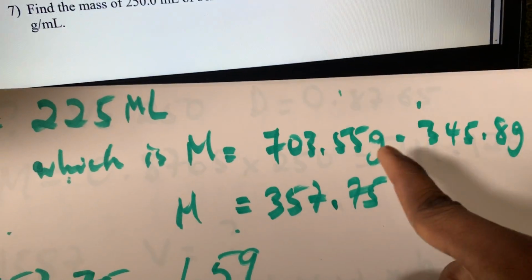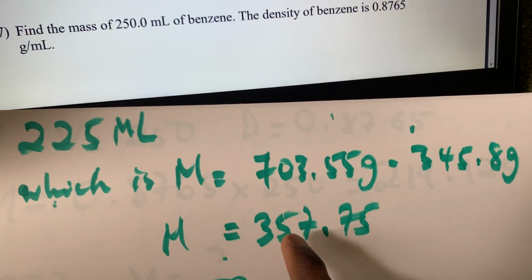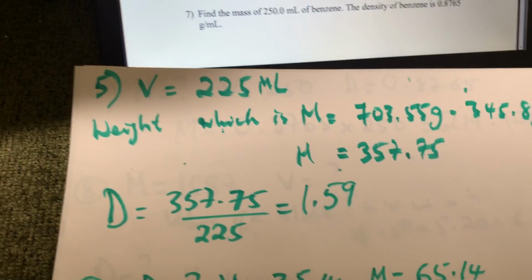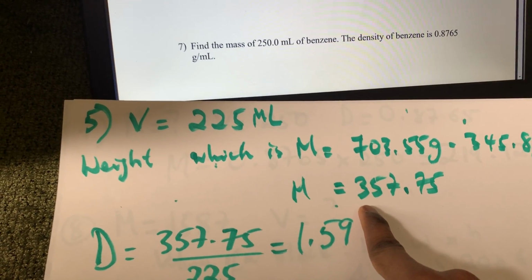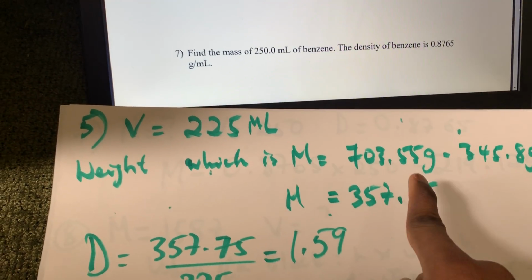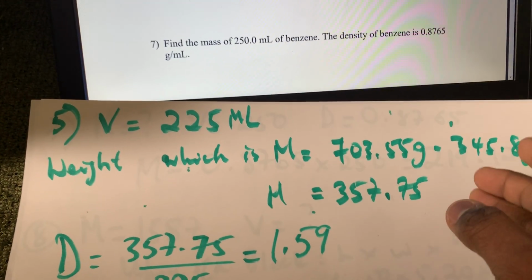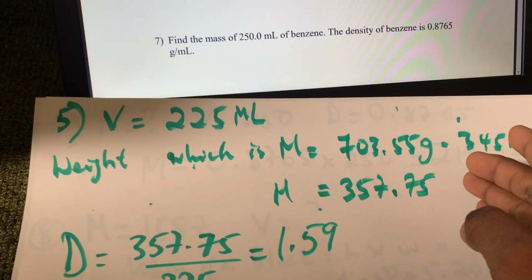Then when you subtract, you're going to get 357.75. You use your calculator and do that, no harm, right? And then you have your mass, because that's the actual mass of the carbon tetrachloride.